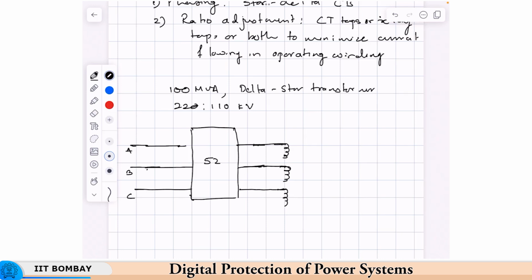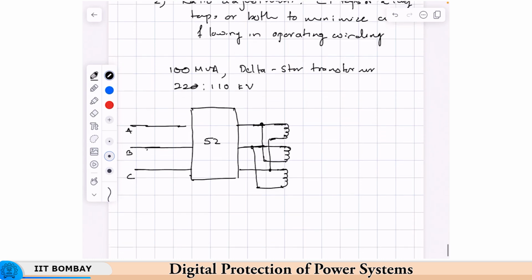We will connect it in delta by connecting this side to this side, and the remaining winding here.